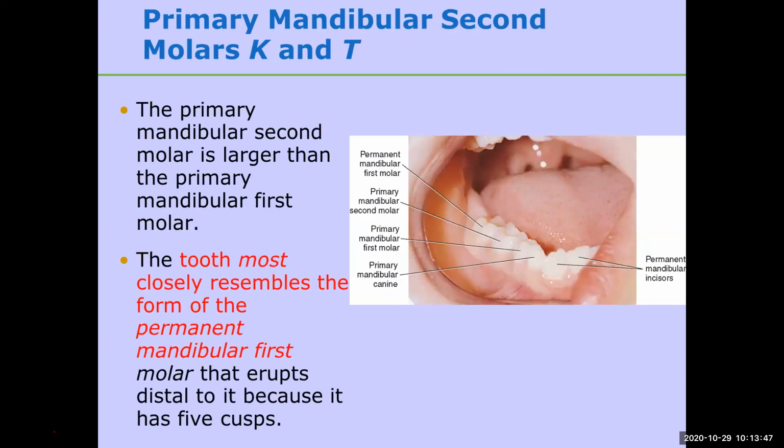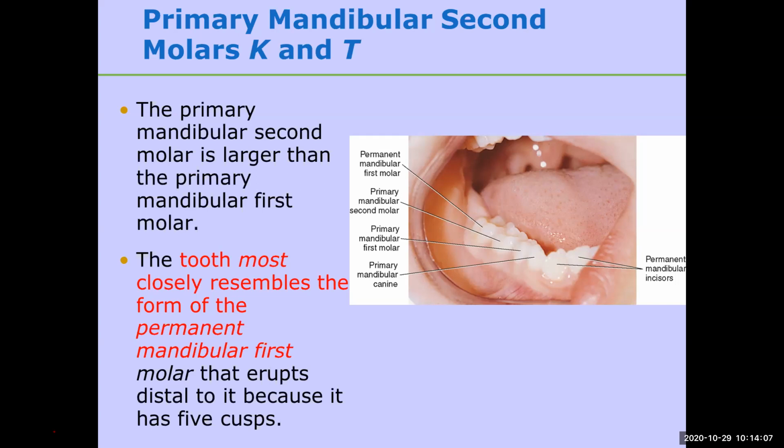The primary mandibular second molar is larger than the primary first molar because it needs to have space. The tooth most closely resembles the form of the permanent mandibular first molar. Now, this is for the second molars.